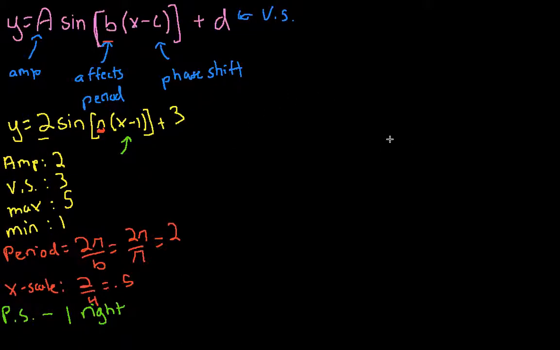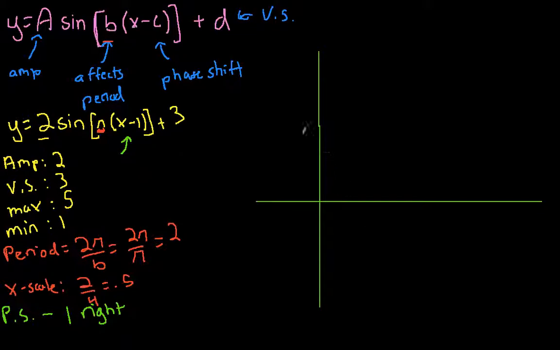So I'm going to draw this scale over here. And you're going to find that much of what we do is very similar. There's just one major difference at the end. Okay. I've drawn it like this for a reason. You'll see that reason as I produce the graph. Just like before, the first thing you want to do is make your scales. My y scale needs to cover at least from 1, my minimum, to 5, my maximum.